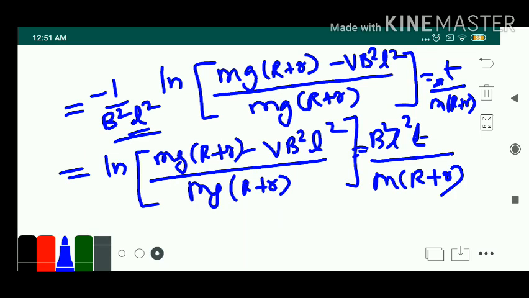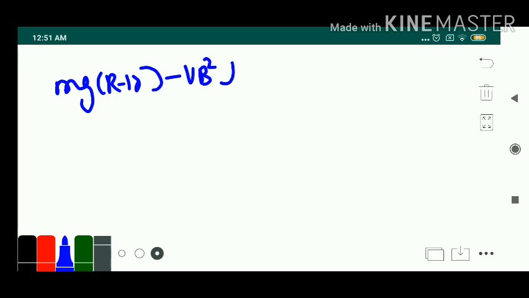Simple, right? Now you just have to find the v, right? So here it is natural logarithm. So in order to remove the log, I have to introduce anti-log here. So the anti-log is also introduced here. So this entire function becomes e raised to, right? So here it is mg r plus r minus vb squared, because the log term goes off, right?